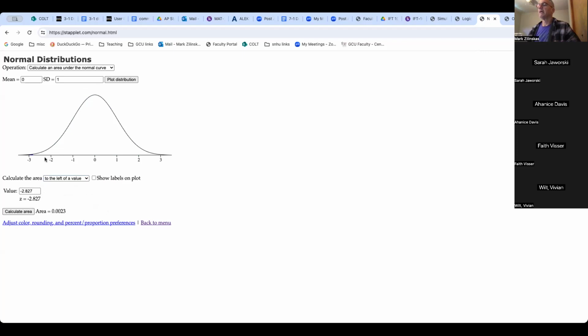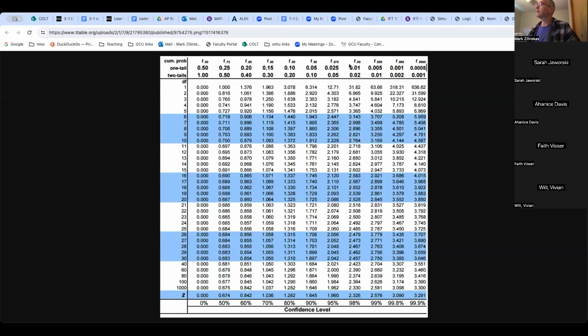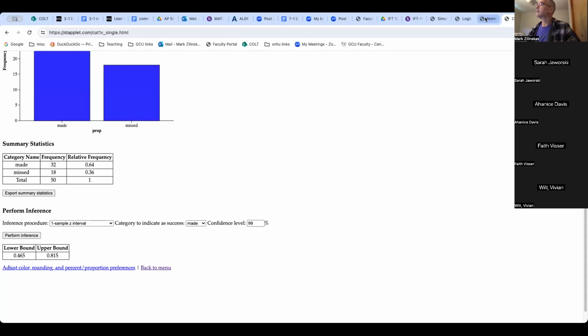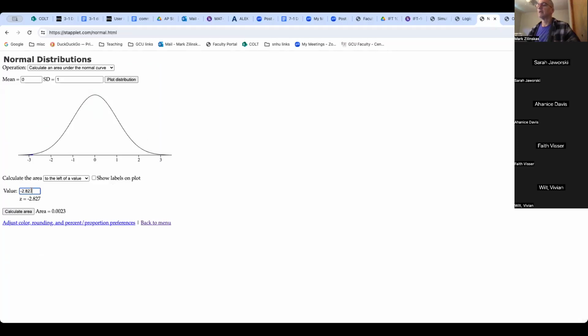Let me go back to that table. What did I say that was? If I put in negative 2.326, let me try this one more time. All right. Notice that area is 0.01.